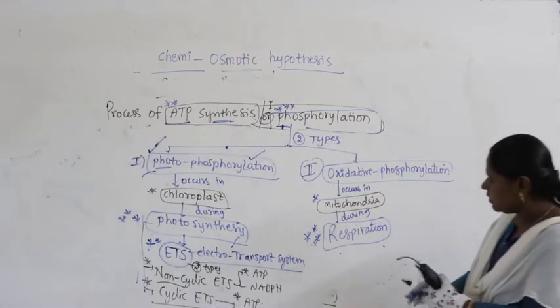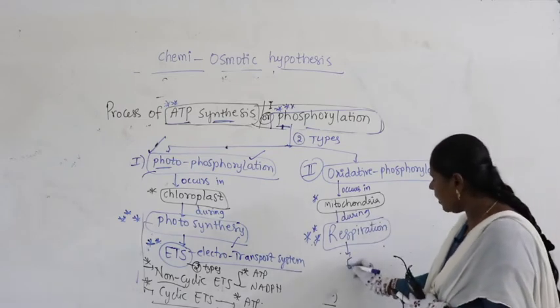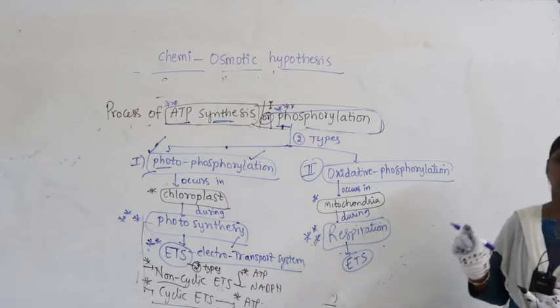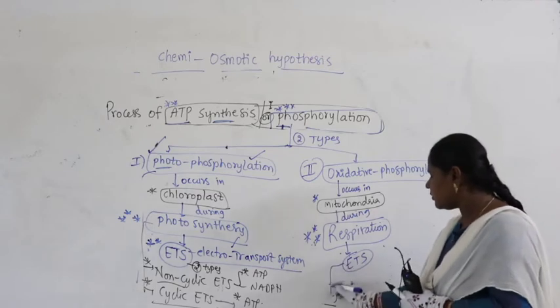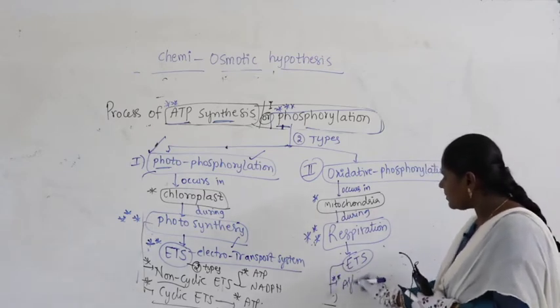Now, coming to respiration, in respiration also, where ATP is synthesized, no doubt it is by ETS only, the electron transport system. But here we have only one electron transport system. Where does it come? After the Krebs cycle.